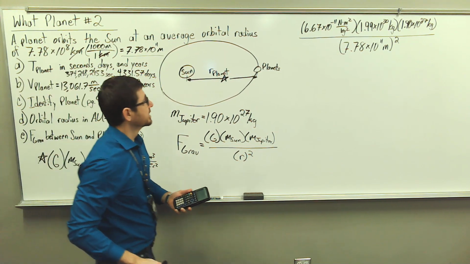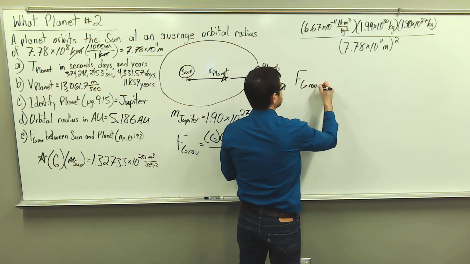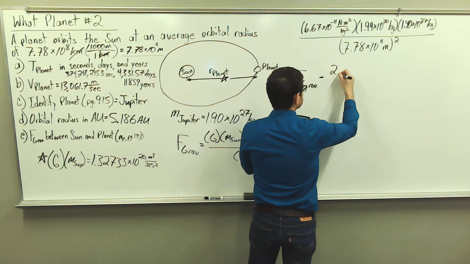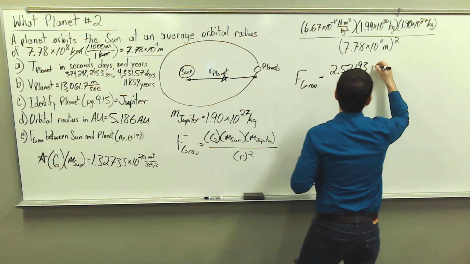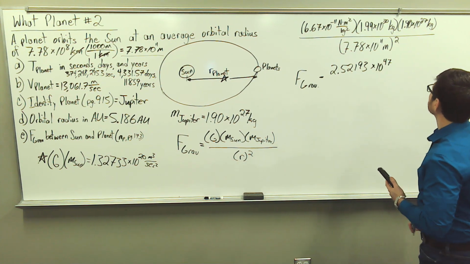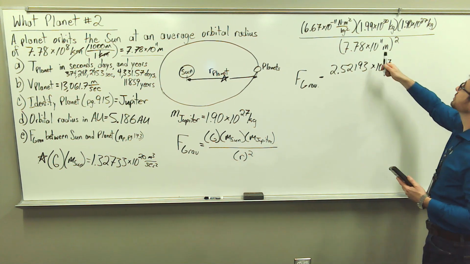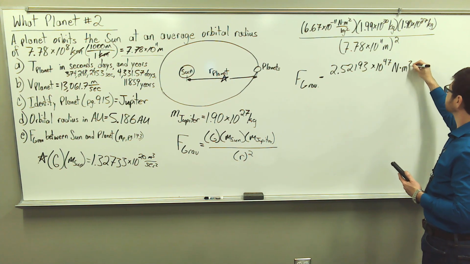Okay? And in my numerator, this is going to give me 2.52193 times 10 to the 47th. And what we're going to have is newton meters squared in the numerator.